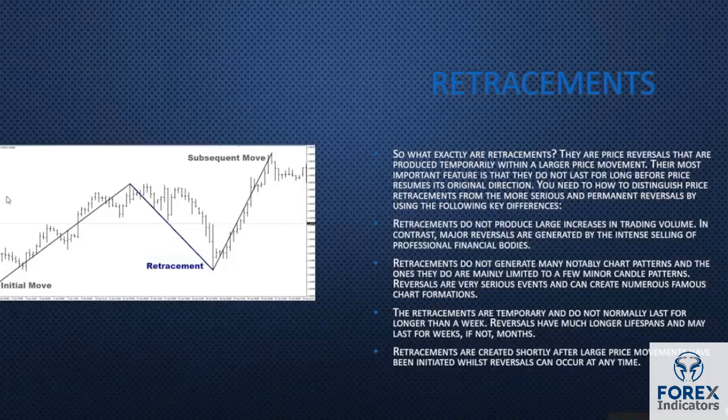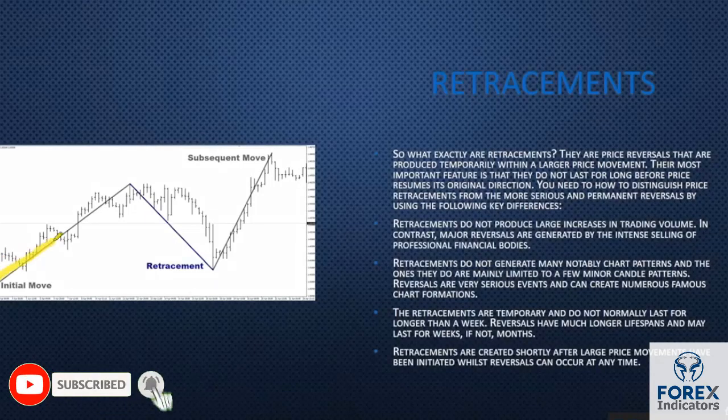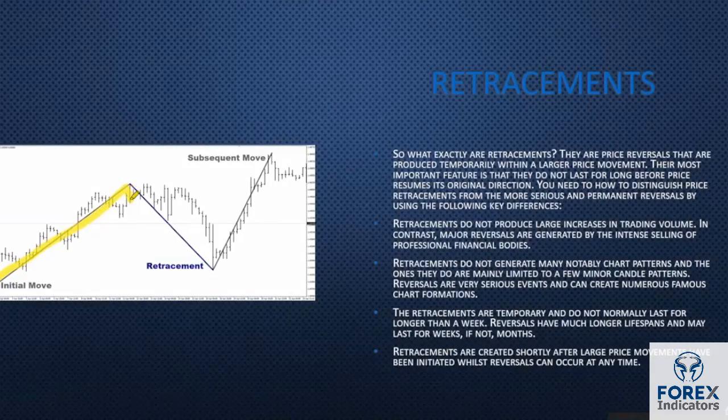So like you see here in this chart, we had price moving up at a steady uptrend. We had the swing low, we had a reversal, we had a retracement, and all it means is it was retracing where it had been. Okay.